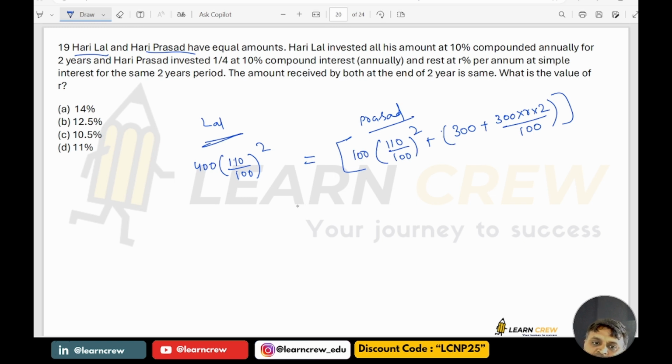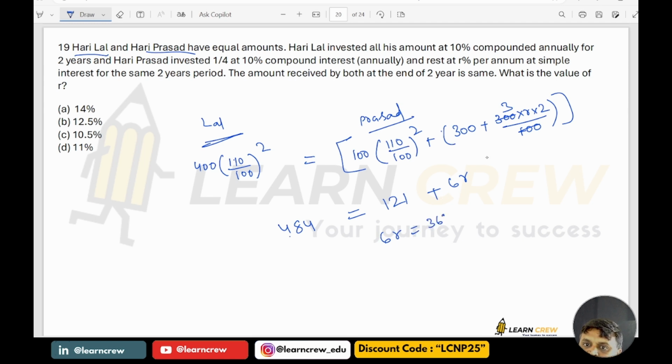If you simplify this, how much are you going to get? You are going to get this amount as 484. 484 is how much? 121 plus 100 into 3 into R, which is 6R. So now 484 minus 121 is 363. 6R is equal to 363.